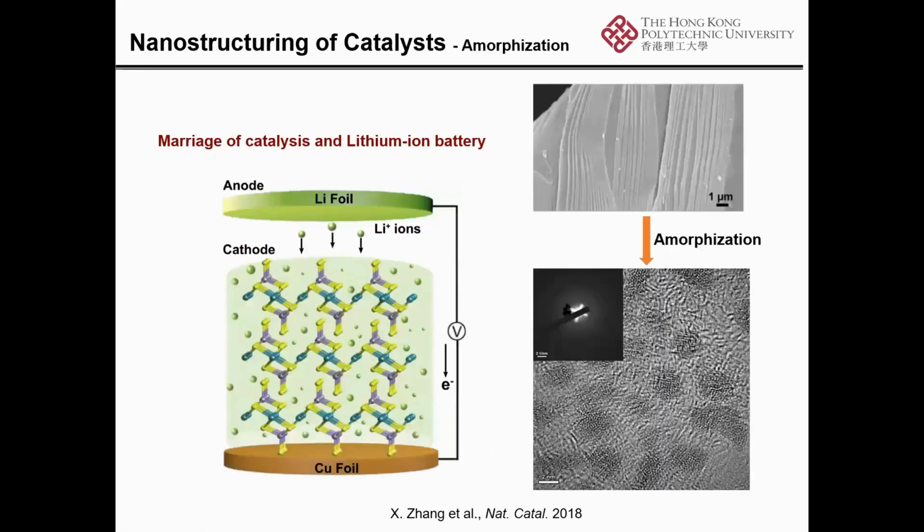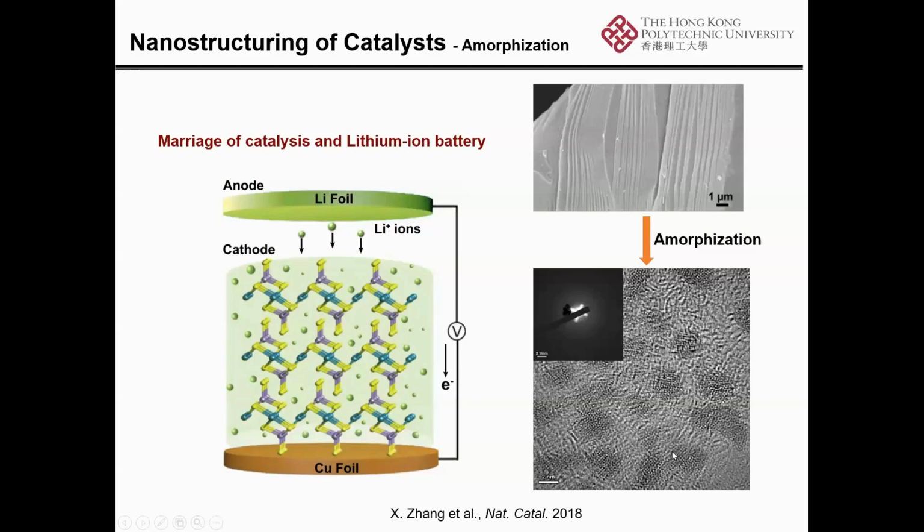As an example, this work was published several years ago, and in this one we combined the lithium-ion battery with the catalyst. We use the layered materials as cathode, and the lithium can destroy the materials, and then we produce small-sized and amorphous nanomaterials. After the lithium treatment, we can see the materials changed from the bulk crystal to several nanometers and become amorphous.